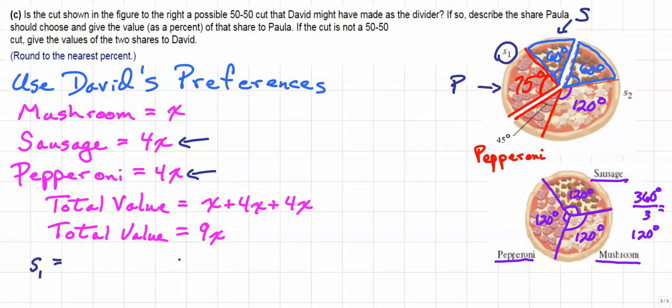So that means that we can have 1/2 times sausage. And another way of looking at that is saying 0.5 times sausage. Or we can also look at it as 60 degrees over 120 degrees, which will give us a ratio.